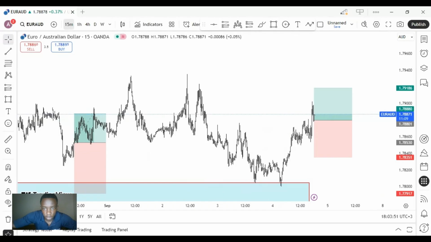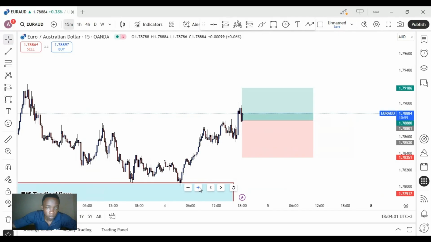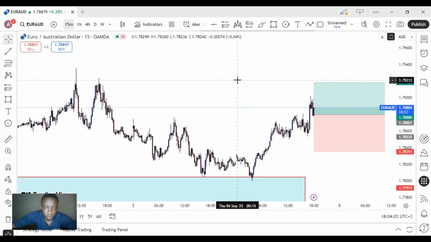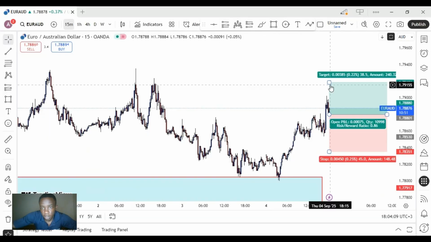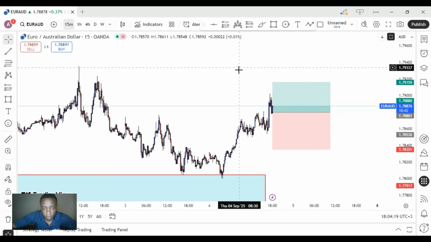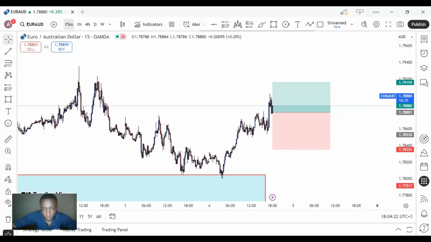Euro AUD, I should enter for buys. My take profit, I should target these highs right over here. Yes, those are 35 pips.